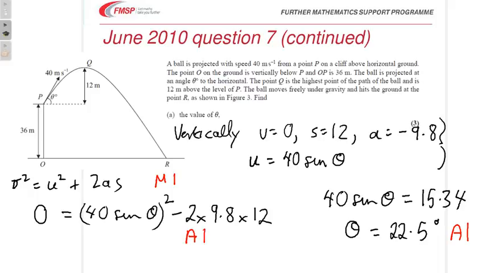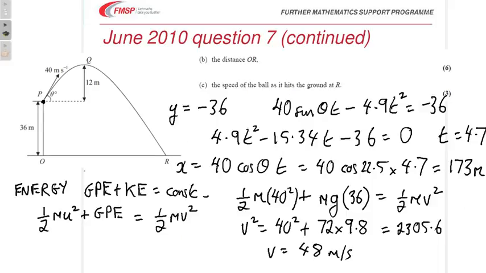For part B, for the 6 marks for finding the 173 meters, we had, right, for working out the time for this first part down to the time is 4.7 here, one method mark, 3 accuracy marks.